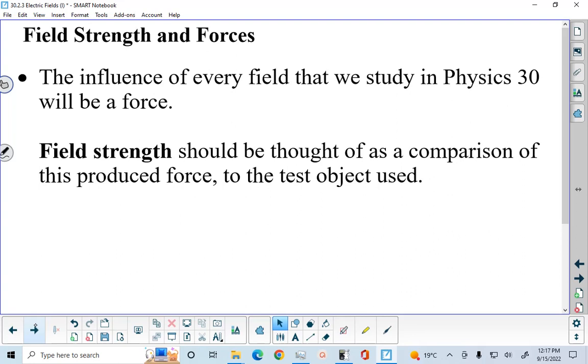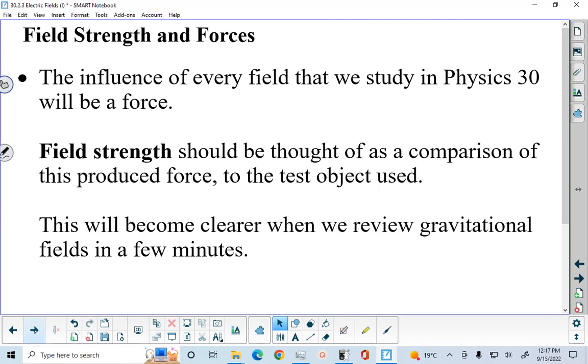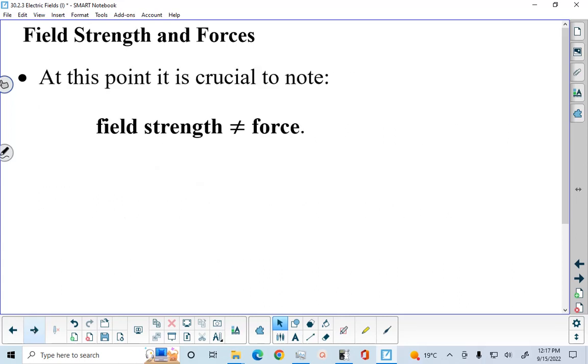The field strength for gravity is going to be something that compares the gravitational force to the mass experiencing it, because mass is responsible for gravity. So when we review gravitational fields in a minute and learn about electric fields, that will become even clearer.